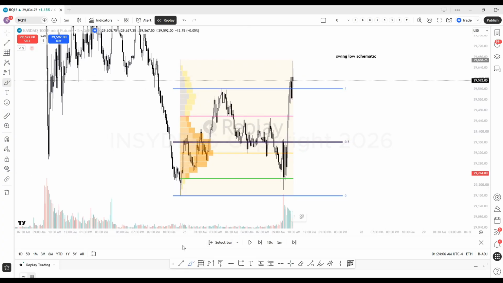So if we just look at the profile in section 2, it does not have the majority of the value area. There is more orange inside section 3 than there is in section 2 at the moment.